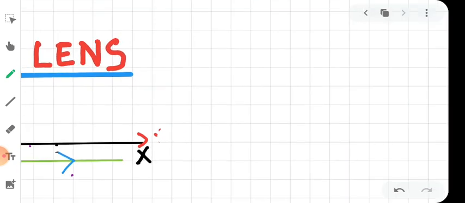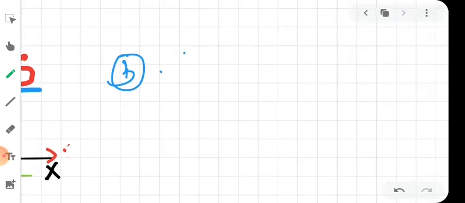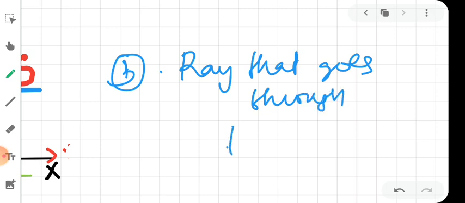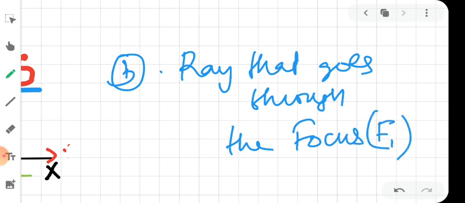So now the ray you have considered is the third ray, and that third ray is the ray that goes through the focus, especially focus 1.